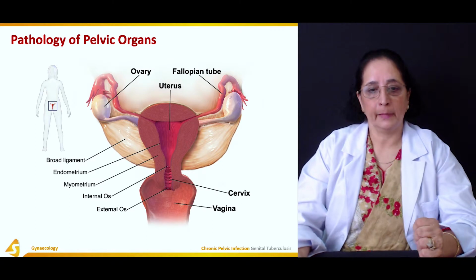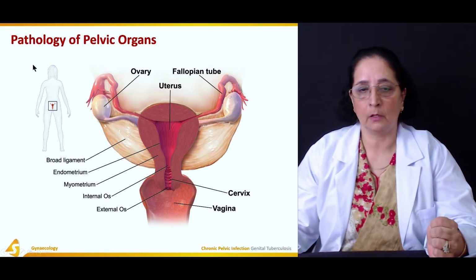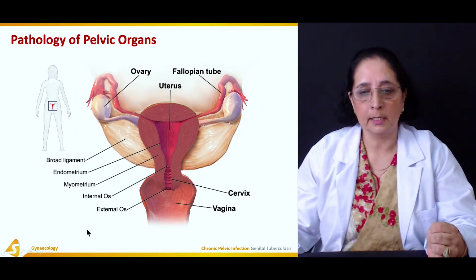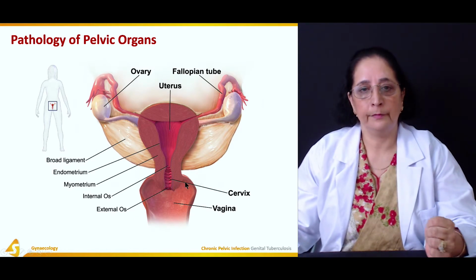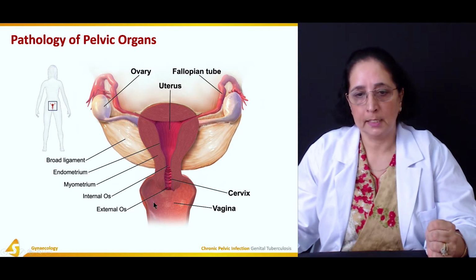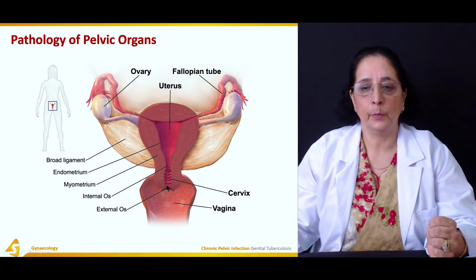Then this is the diagram that shows you the different organs that constitute the pelvic organs. These are all the pelvic organs. This is the female reproductive system. We have the vagina. Then the cervix. The cervix has an external os, the external opening that opens into the vagina.